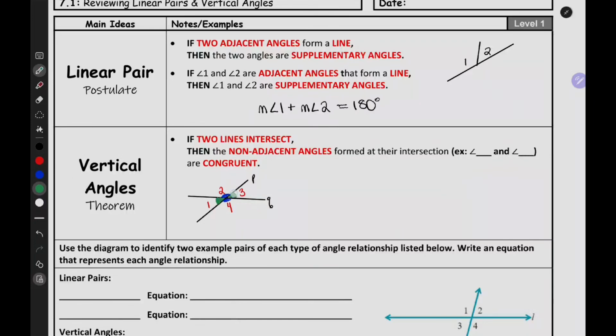These would be our non-adjacent angles. And so we can say that angle 1 is congruent to angle 3, which implies that their measurements are equal.